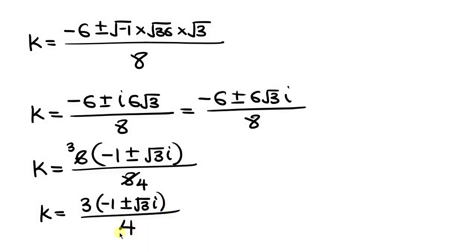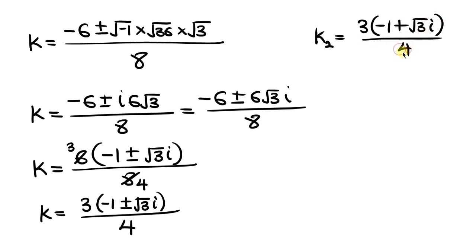Now let's separate the values. The second value of k is equal to 3 times negative 1. Now go with the plus first. So we have plus the square root of 3i all over 4. And the other value, which is the third value, is 3 times negative 1.